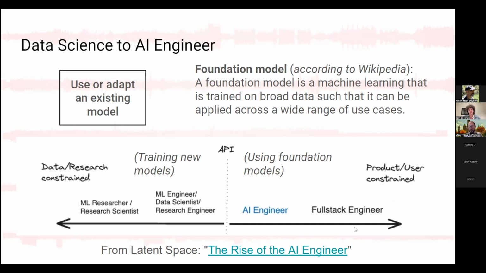And if you are not necessarily in a data science position, and you're working on a specific domain, think of this AI engineer as something that you can apply to your existing work that you're already doing.